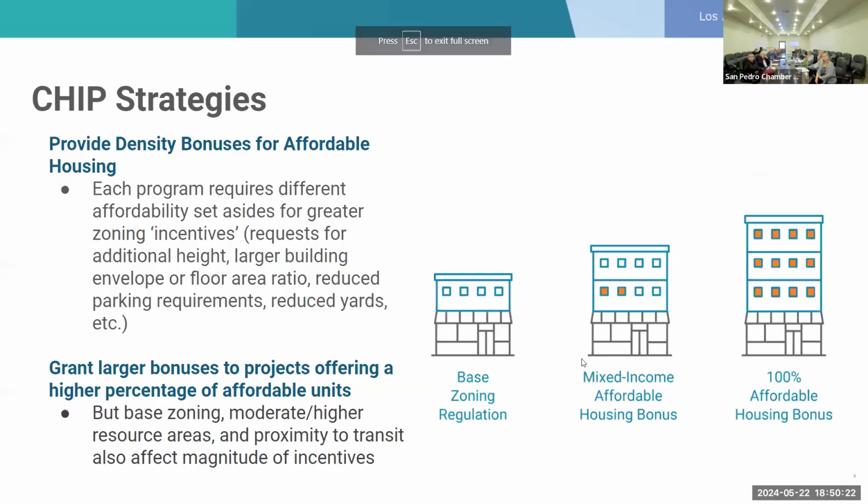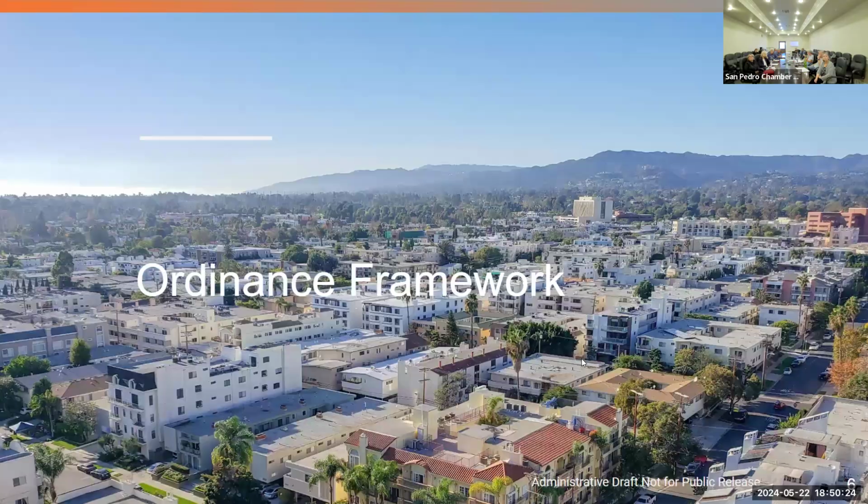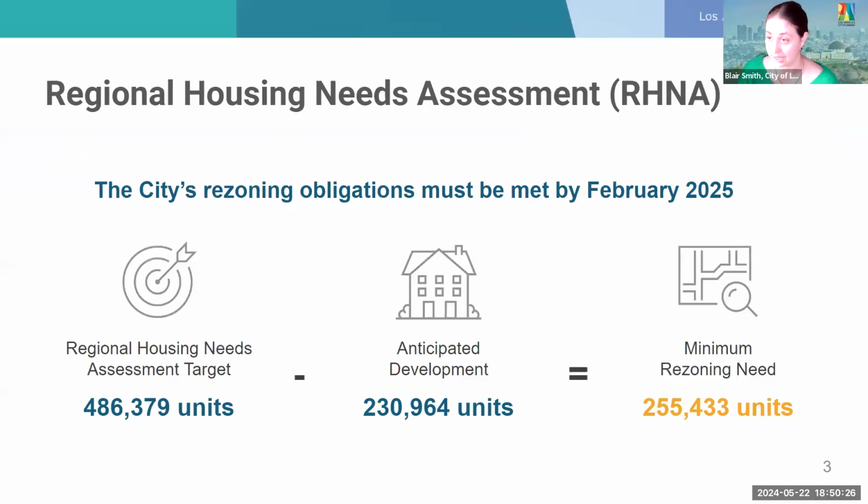So we looked at, citywide, what we thought might happen, including projects that we already knew were in the pipeline. So this anticipated development number. Those are projects that have applied for a building permit and were in progress. So not all of them had certificates of occupancy, but they were actively moving through the building permit process. And so they contributed to this 230,000 production number.